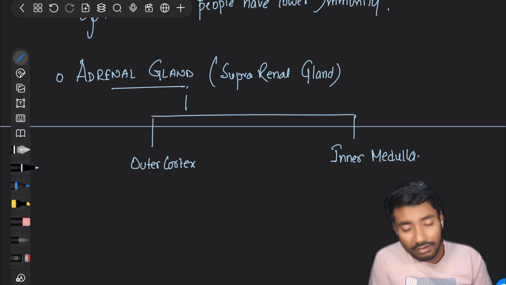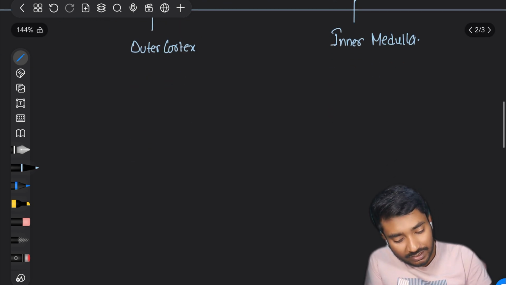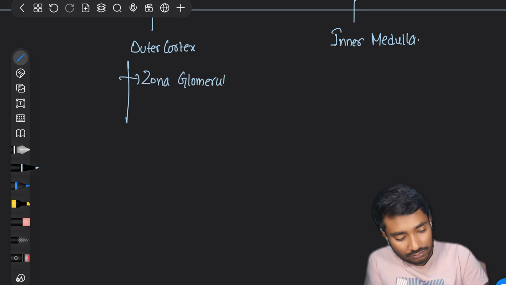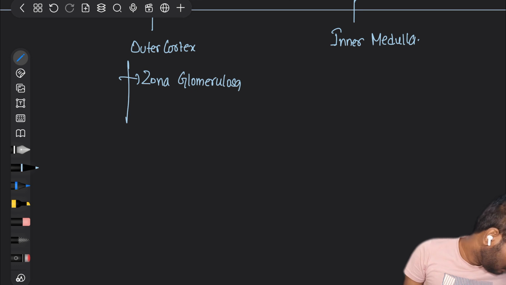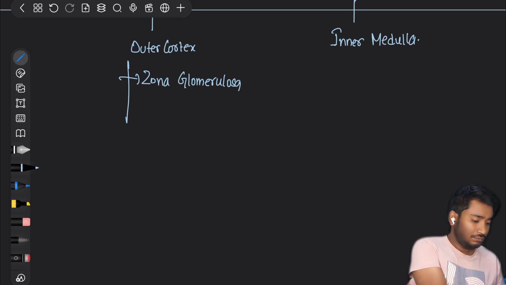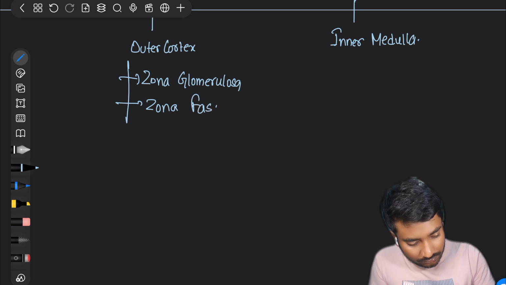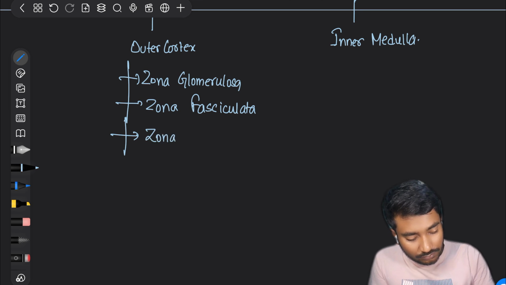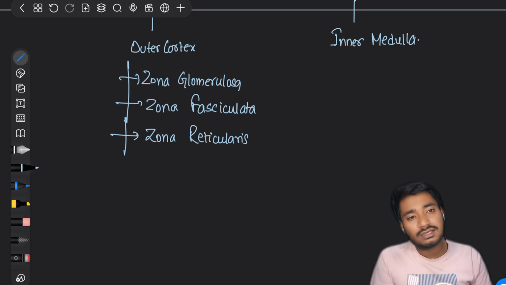Now the adrenal cortex, the outer part, consists of three parts: zona glomerulosa, zona fasciculata, and zona reticularis.